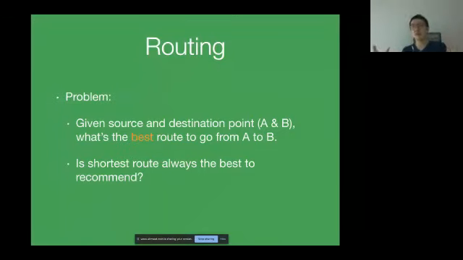Let's say after we resolve this scaling problem, the performance problem of the system, another problem we are facing is routing. Basically, we need to give you the best route from A to B. What is the best route? I'm not sure how many of you are driving in Tokyo, so I would assume you use a navigation app.